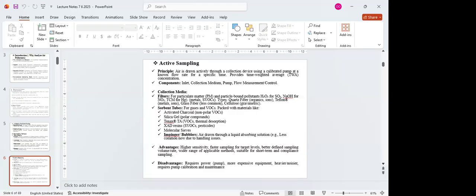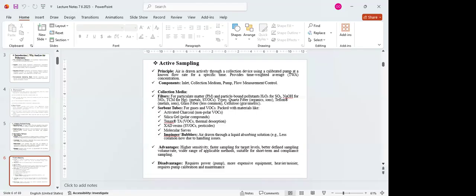Then the other one is the active sampling approach. The active sampling approach is based on the principle that air is drawn actively through a collection device using a calibrated pump at a known flow rate for a specific time. Now we are looking at the use of powered equipment. Remember, the other one, the passive, had no power involved.